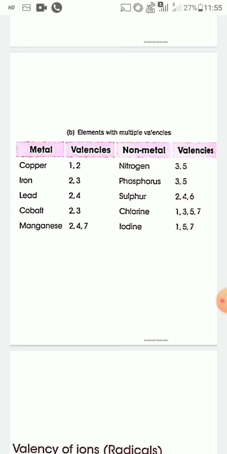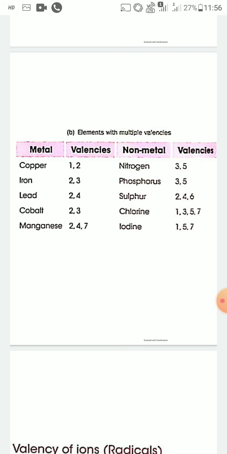Iron can exhibit 2 valencies: 2 and 3. Lead has valencies 2 and 4. Manganese has valencies 2, 4 and 7. These are metals and their valencies.